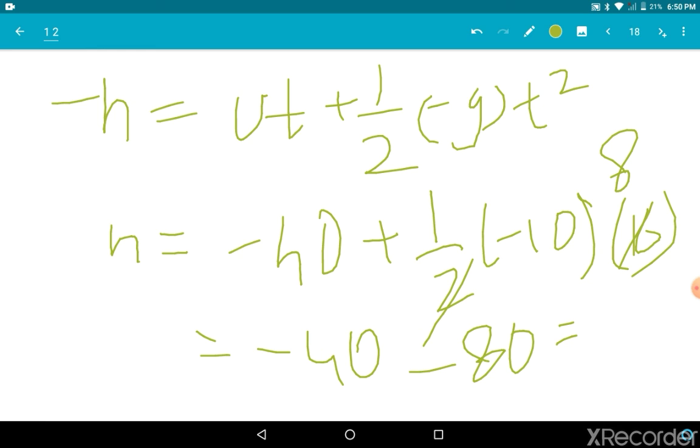Then how much is it? I think somewhere I'm making a mistake here. Yes, I brought the minus here, so it will be plus here. The answer is 40 meters. This tower is 40 meters high.